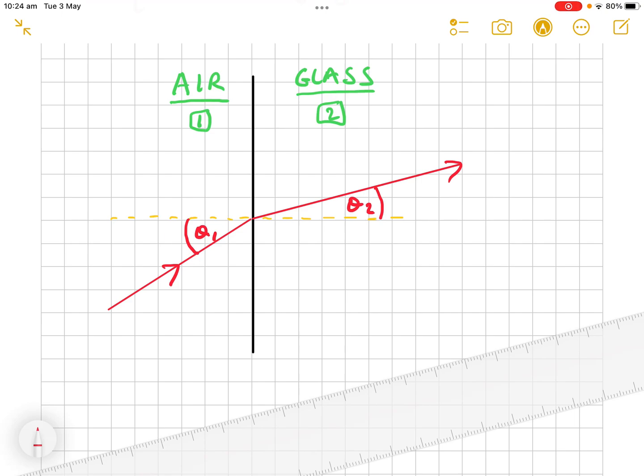So when you go from a rare medium into a dense medium, the ray will always bend down towards the normal as shown, and theta 2 will therefore always be smaller than theta 1.